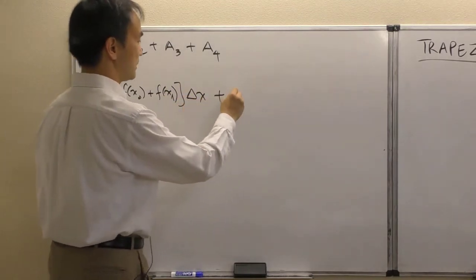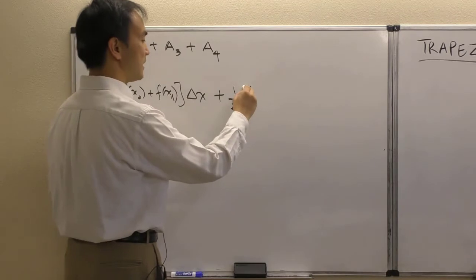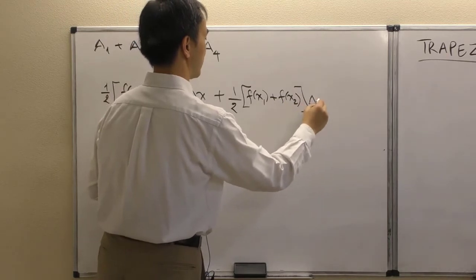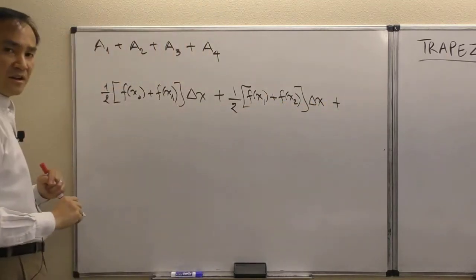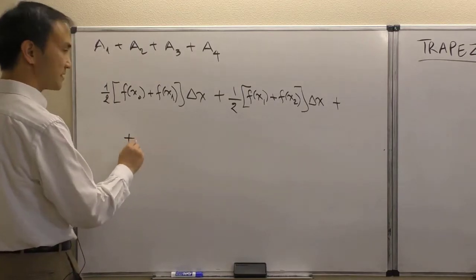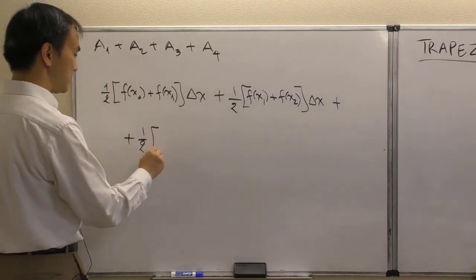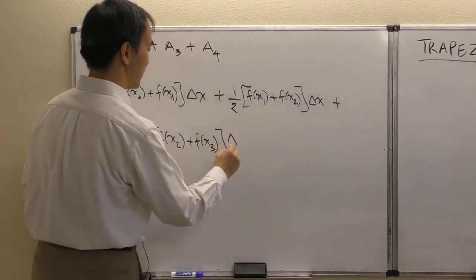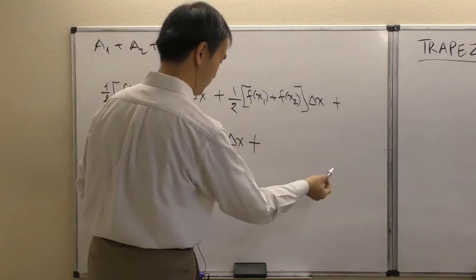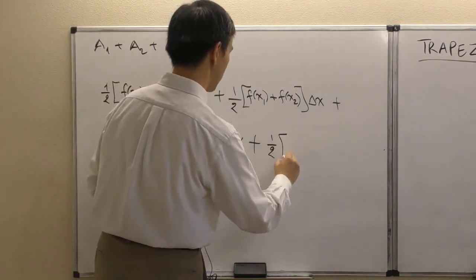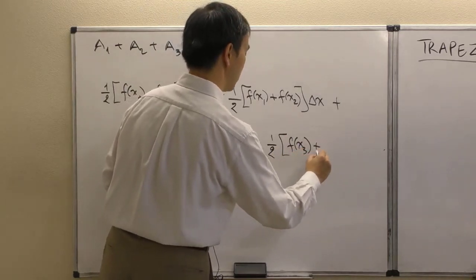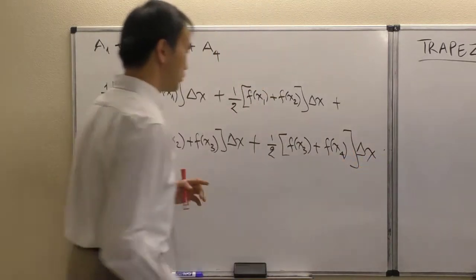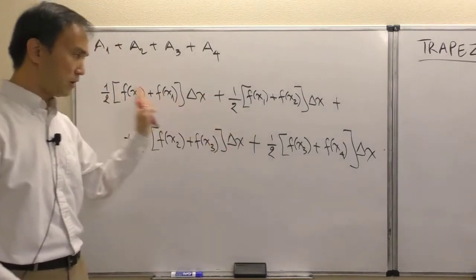I'm going to add, this is for area 1, then 1/2 times base 1 f of x1 plus f of x2, times delta x, plus, so that's area 2 added in, and then I'm going to add 1/2 times f of x2 plus f of x3, times the height delta x, plus the area of the fourth trapezoid. So 1/2 times f of x3 plus f of x4, times delta x.